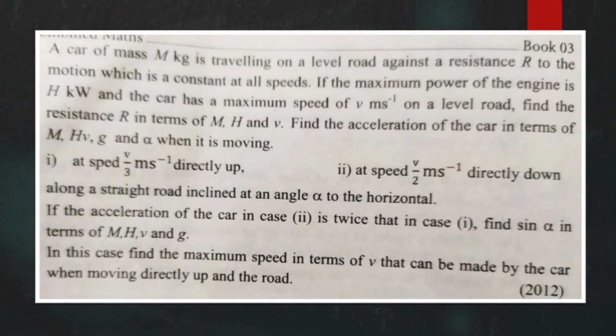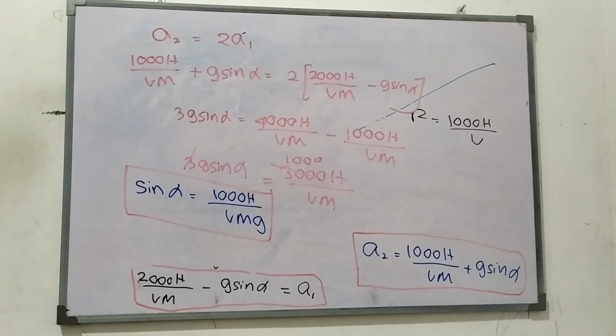In this case, find the maximum speed in terms of v that can be made by the car when moving directly up the road. So it's again directly up, right? But its acceleration is 0.